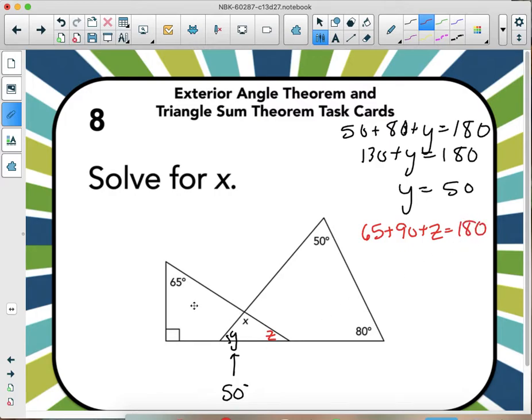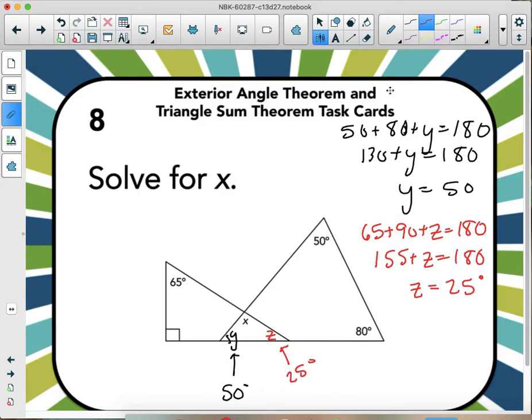I know it's equal to 180 because we're dealing with three angles inside of this big triangle here. Okay, so 65 and my 90, when I add those together, we get 155 plus angle z equals 180. I subtract the 155, so we end up with z equals 25. So I know right here we have 25.